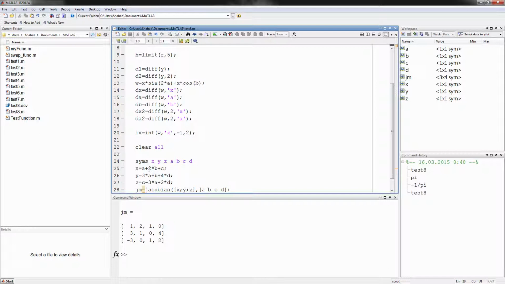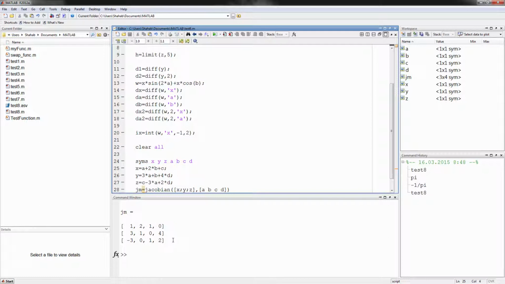Look, the first row is x, the second row is y, the third row is z. Then the first column is derivative with respect to a, second column with respect to b, the third column with respect to c, and the fourth column with respect to d. The derivative here with respect to a is 1, with respect to b is 2, with respect to c is 1, with respect to d is 0.